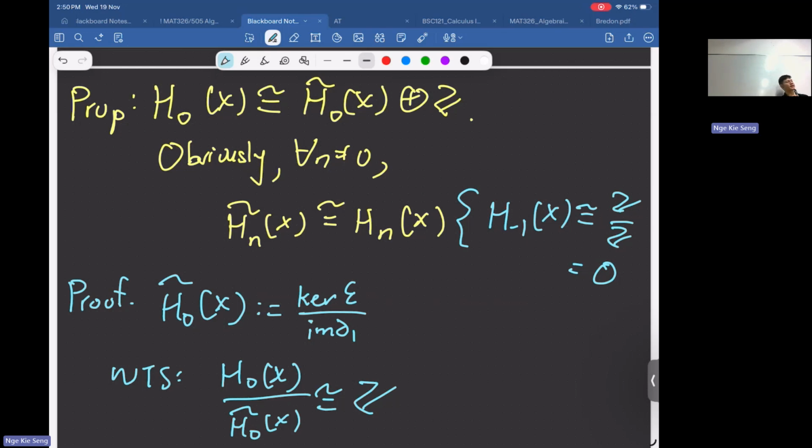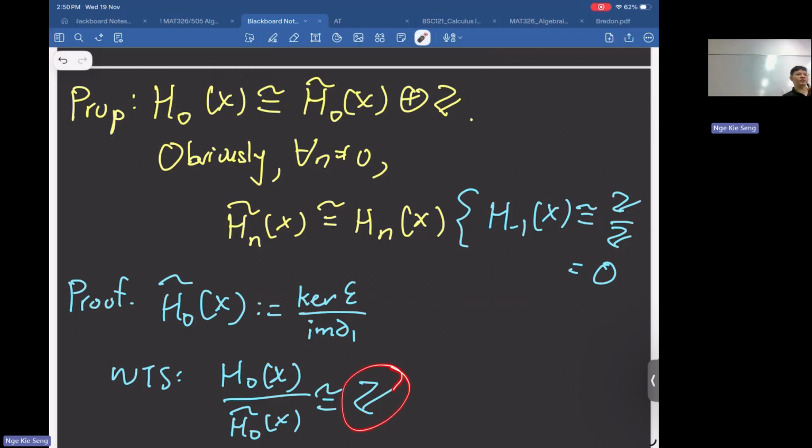Last time we split into a semi-direct product because the image here, the codomain here, might not be normal inside the original space. We can split into a direct sum if these two are normal. But obviously the kernel must be normal, so Z should be normal everywhere. So can we show this or not?